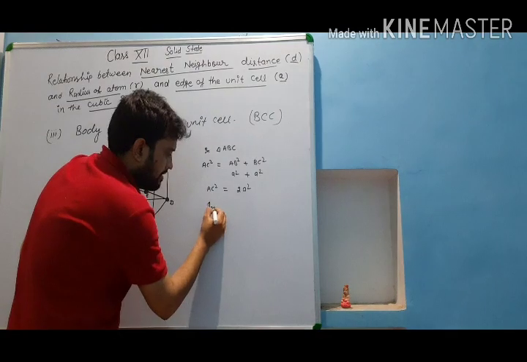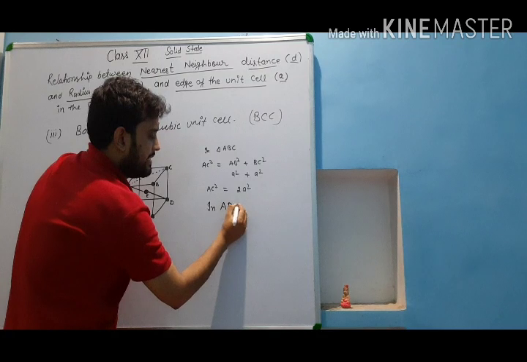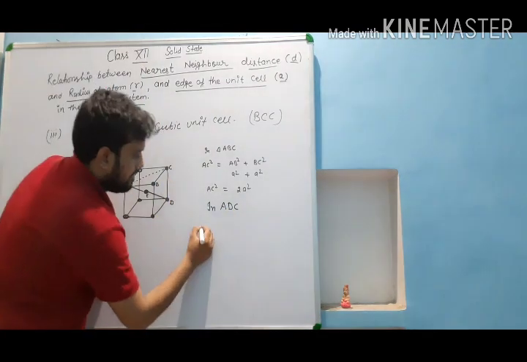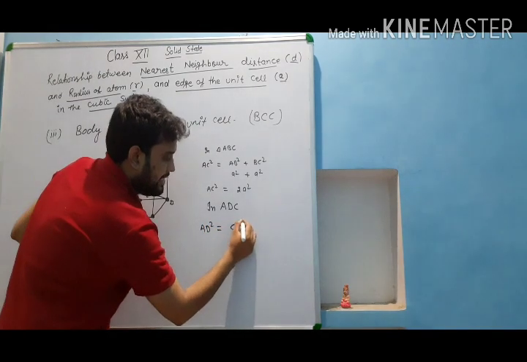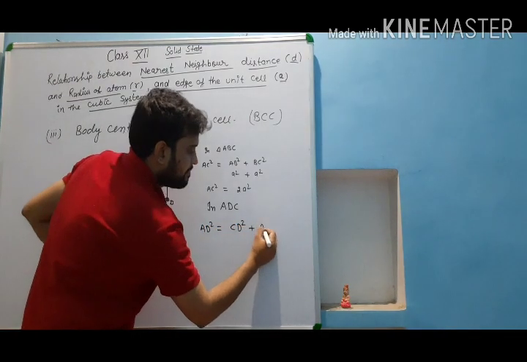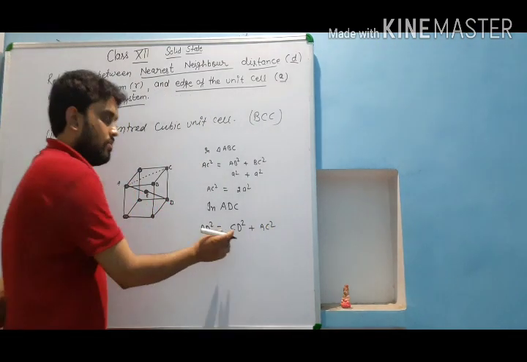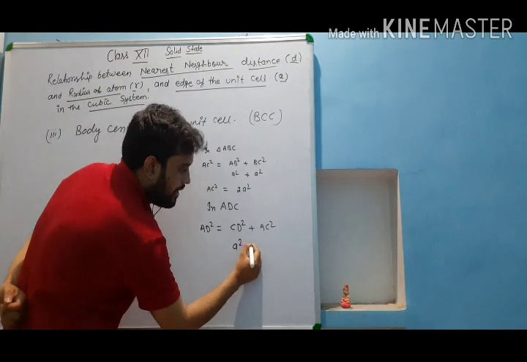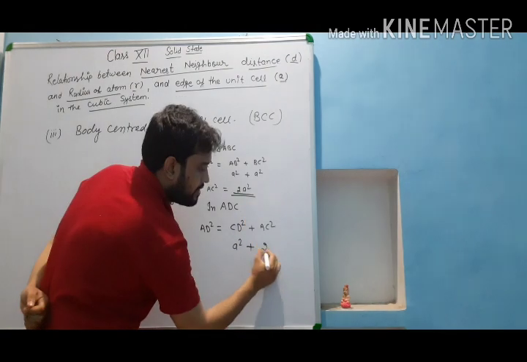In triangle ADC, by applying the Pythagoras theorem, AD square equals CD square plus AC square. For CD square the length is a square, and for AC square the length is 2a square.